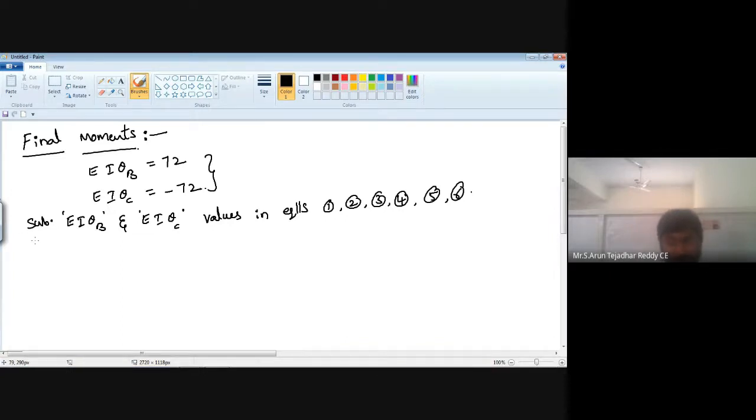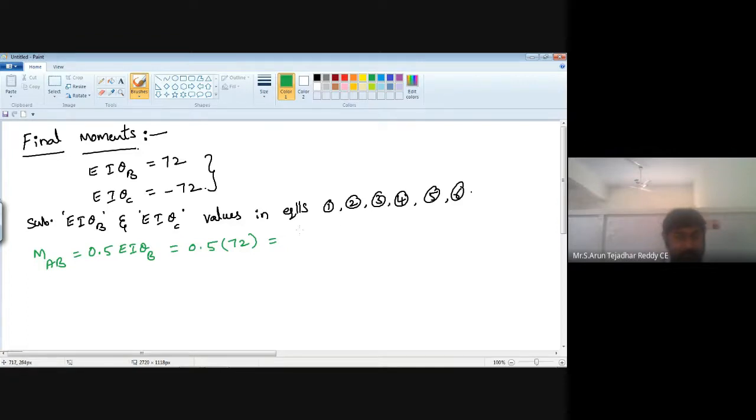Suppose first one, MAB. What is the MAB equation? We have 0.5 EI theta B. Okay. Now 0.5 into theta B is 72.